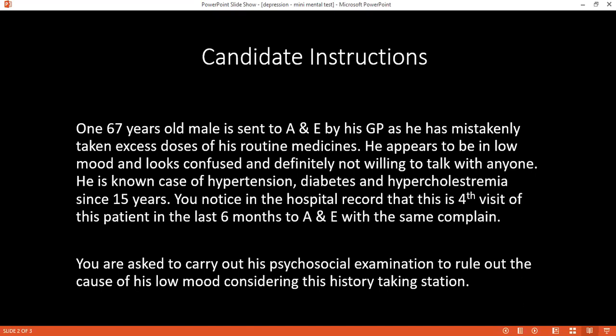I think I was admitted the first time, but after that I didn't get admitted. But I was seeing my counselor and I was in constant touch with my doctor. I see. And you've also been having counseling sessions for your mental health issues? Yes, doctor, I have.